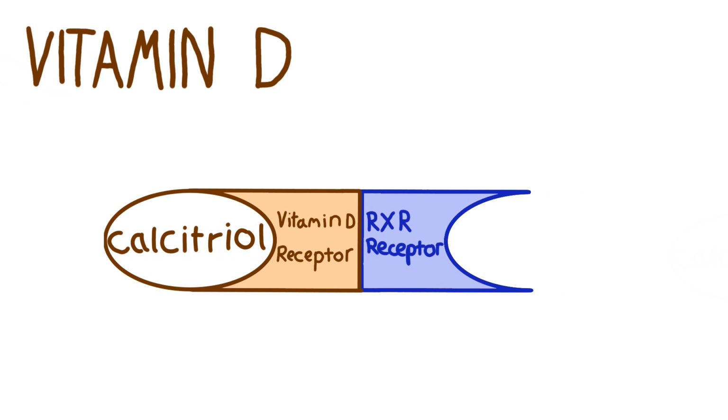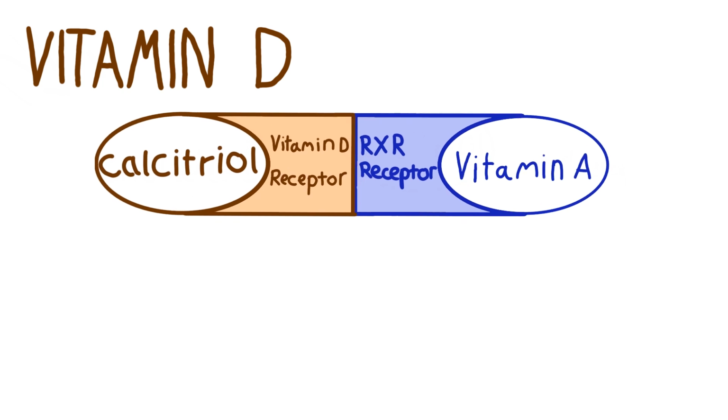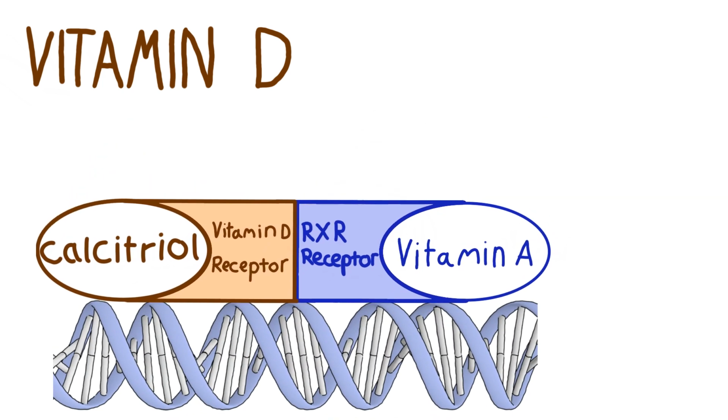Finally, the RXR receptor needs to be bound by vitamin A, making a big structure composed of calcitriol, the vitamin D receptor, the RXR receptor, and vitamin A. This complex won't be active until vitamin A is present, which effectively means that vitamin D is useless unless vitamin A is also available in the cell. When activated, this complex binds specific areas of DNA and increases transcription of some DNA and decreases transcription of other DNA.